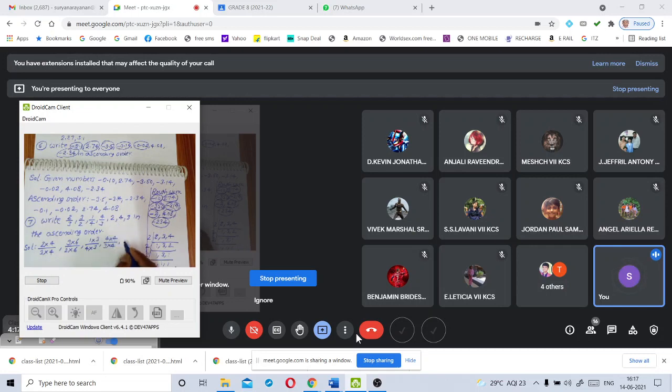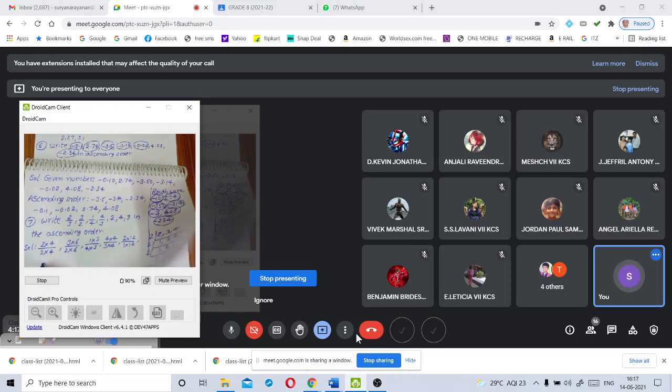Next number, 2. 2 can be written as 2 by 1. Do you remember this point? Yes, sir. Which number should be multiplied here? 12. Yes or no? To make the denominator 12, we should multiply by 12.